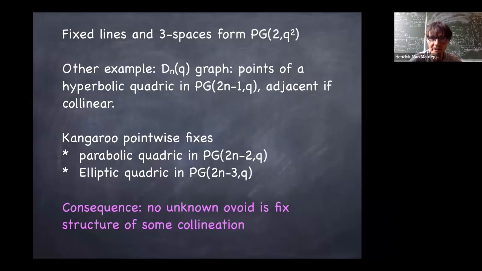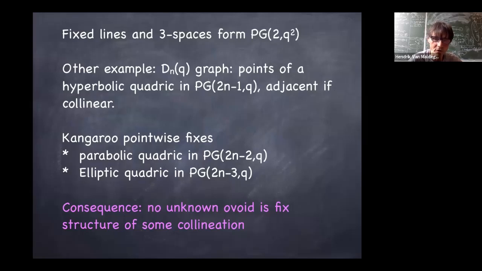So if n is large enough, then the fixed point structure of a collineation can never be an ovoid, because if you want to fix an ovoid, you must either fix the point or map a point to a non-collinear one, but you can only do that by fixing parabolic quadrics and elliptic quadrics.